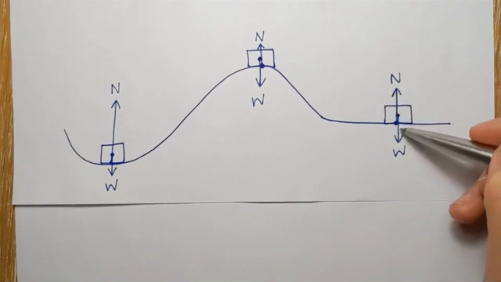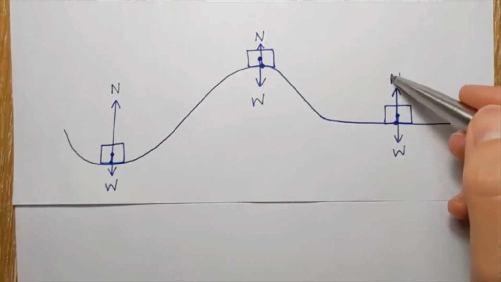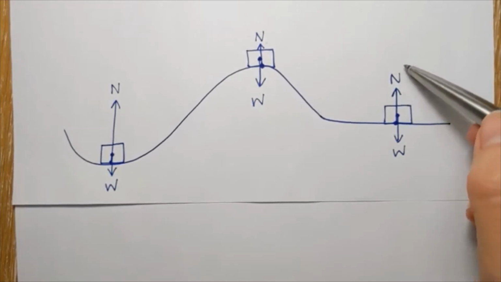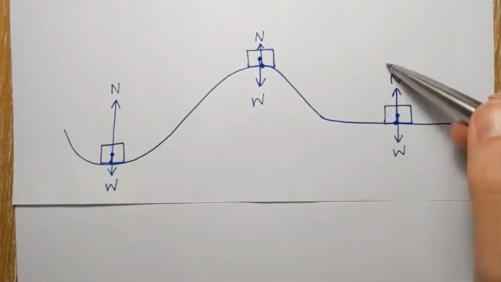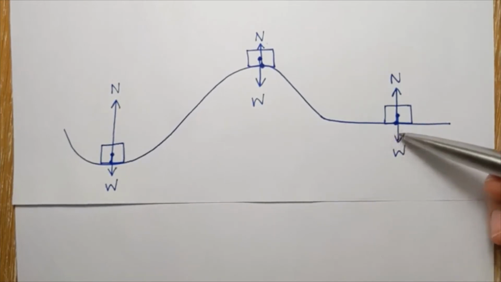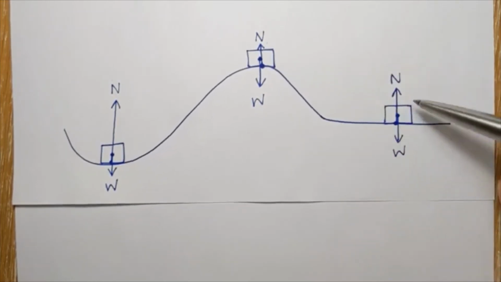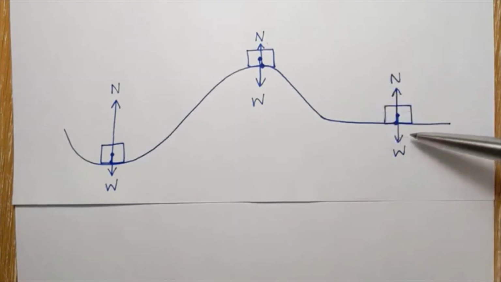And so you can't feel weight. You can't feel the Earth's pull on you. It's a non-contact force. You've got no way to feel it. But you can feel the ground's upwards push on you, the N. And so actually the N is your experience of weight. What you think of as your weight, what that feels like, it is actually the N, the normal contact force on you. And you're used to this, you know what this feels like.